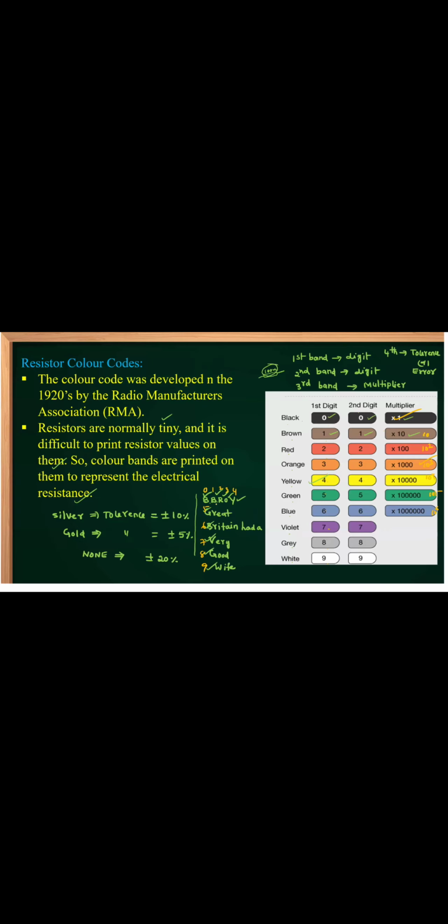BB Roy. Great Britain has a very good wife. Then what is the multiplier?